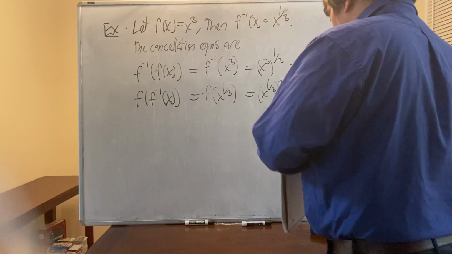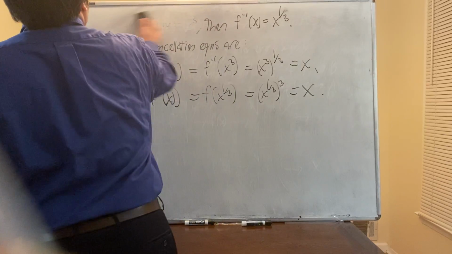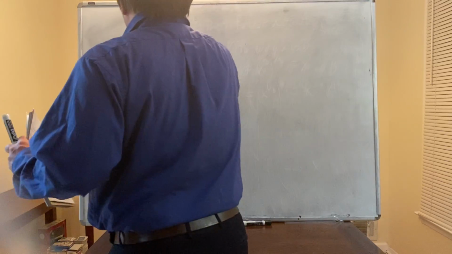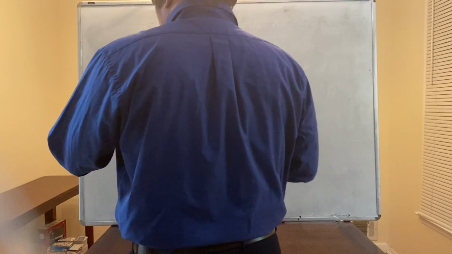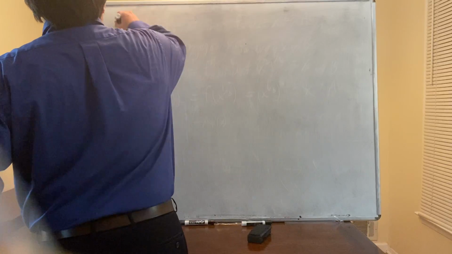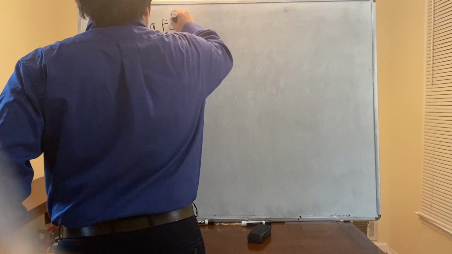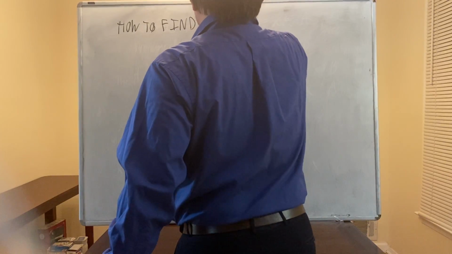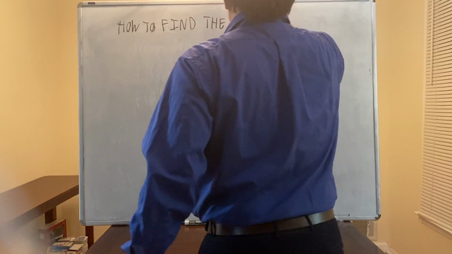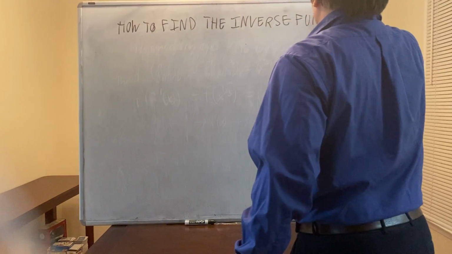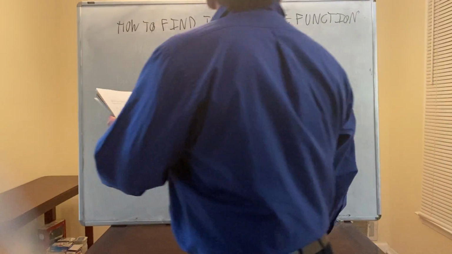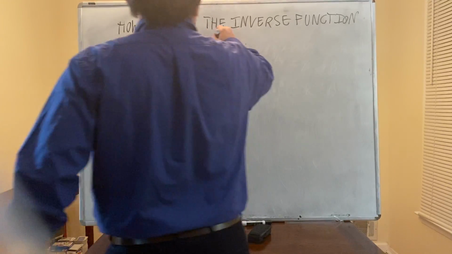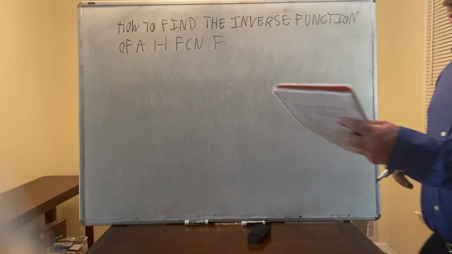So I'm going to erase this so I have the entire board. Okay, so how to find the inverse function of a one-to-one function f?